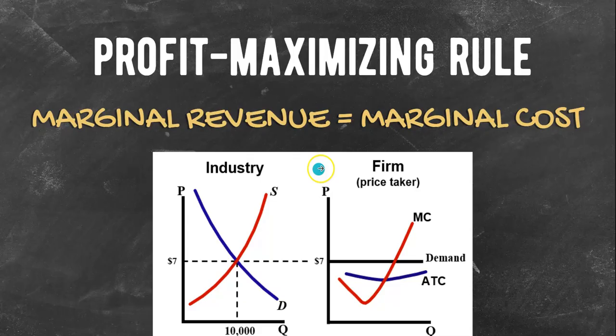If we take a look at this firm graph here on the bottom right, remember that your marginal revenue for a perfectly competitive firm equals D, or demand. The point at which they cross is right about here, where your MC intersects with your demand or your marginal revenue.